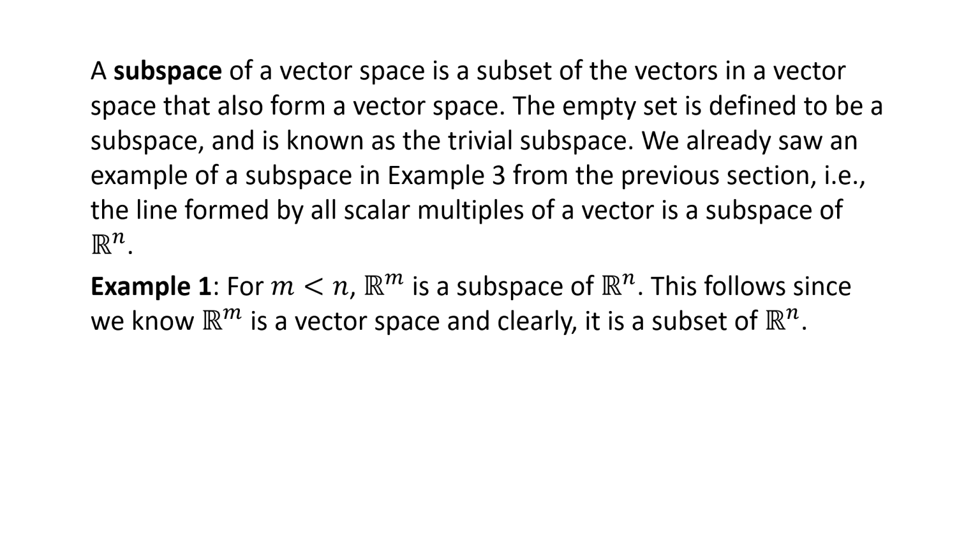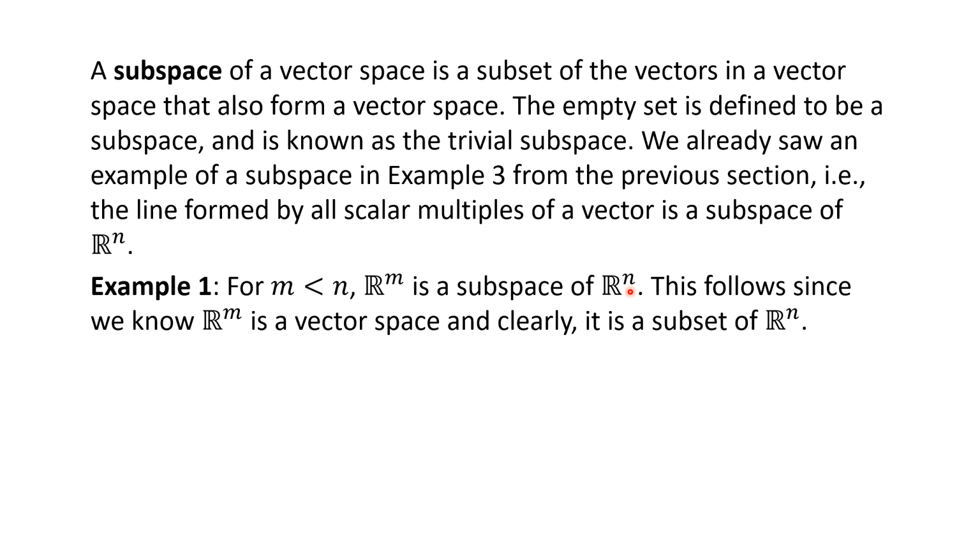Another example would be, if we have m less than n, then Rm is a subspace of Rn. This follows since we know that Rm is a vector space in its own right, and clearly it's a subset of Rn.